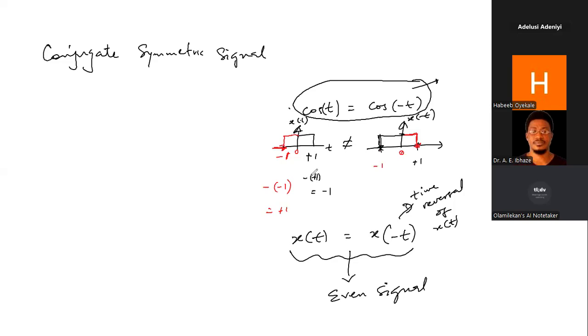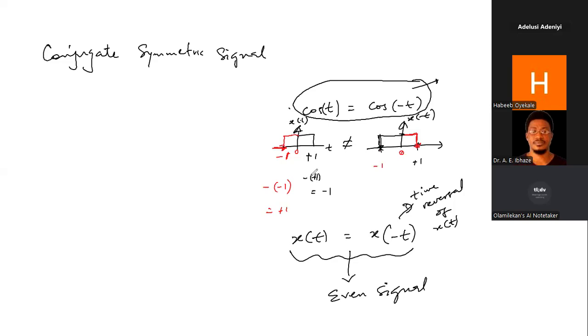Now, when we perform time reversal on a signal, and then we get the same signal as our output, then it means that it is an even signal. A typical example is your cos theta. You can try it. Try cos of a negative value.